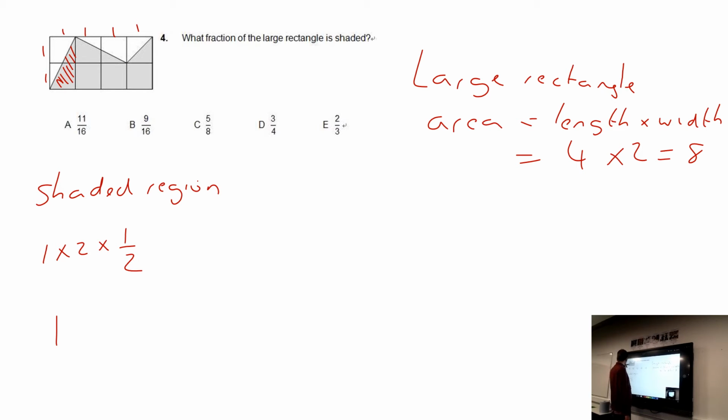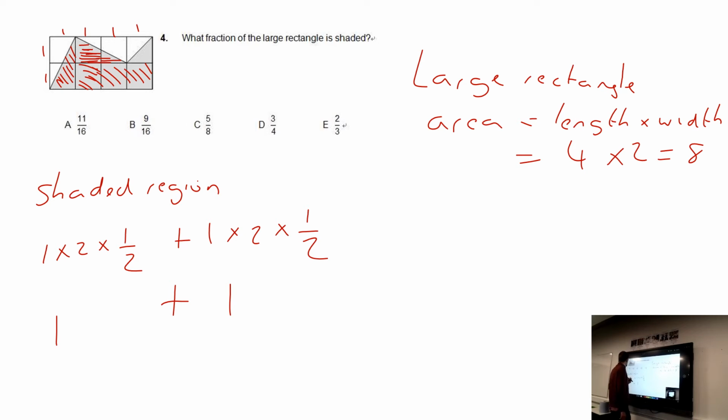Then we've got the second region, which again is going to be 1 times 2 times a half, so this is going to be equal to 1. Then we have this region here.